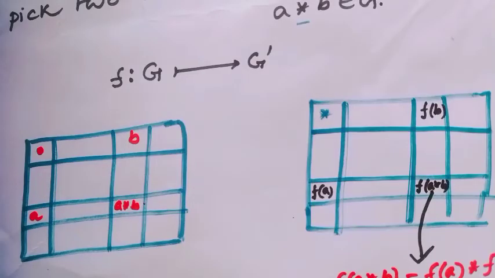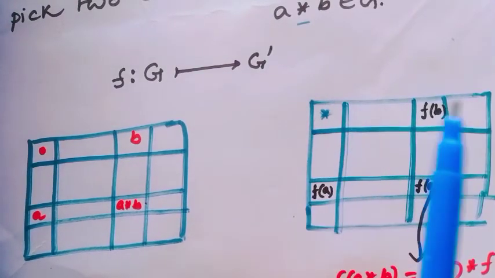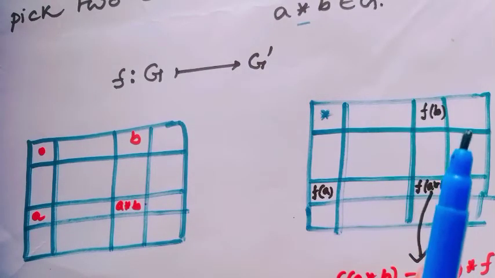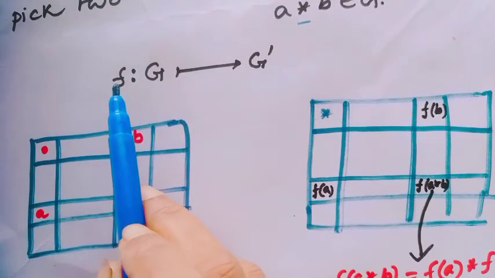Then let the elements a, b and a star b in capital G correspond to elements in the group G prime. Okay? And the mathematical way to write this correspondence is a function.